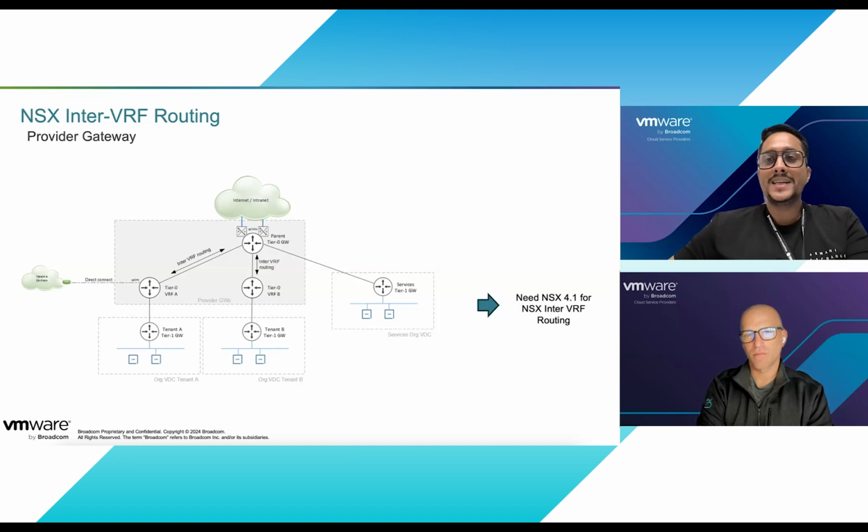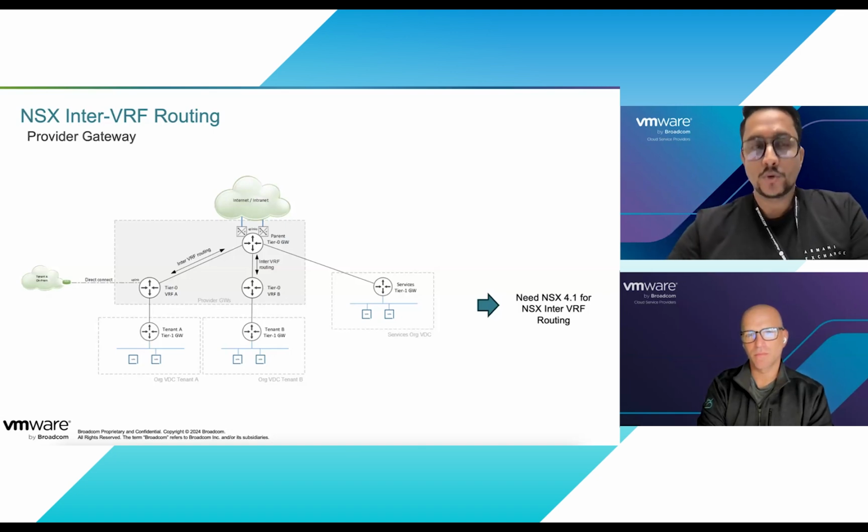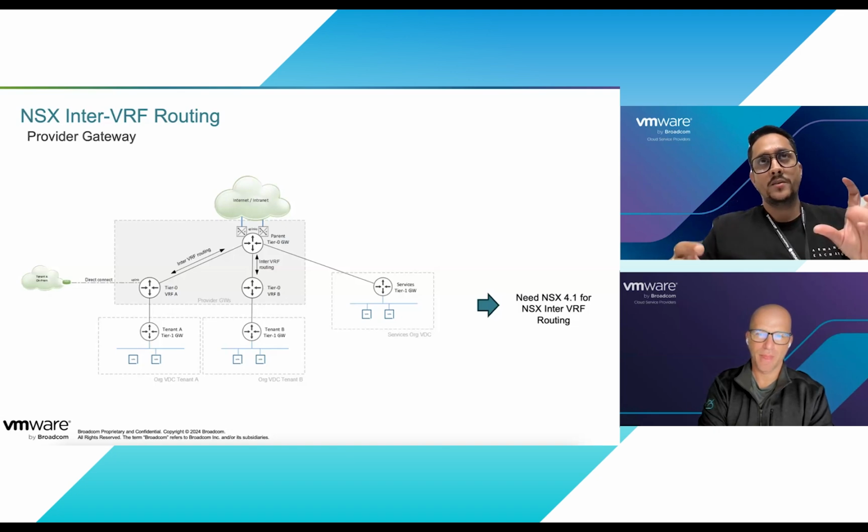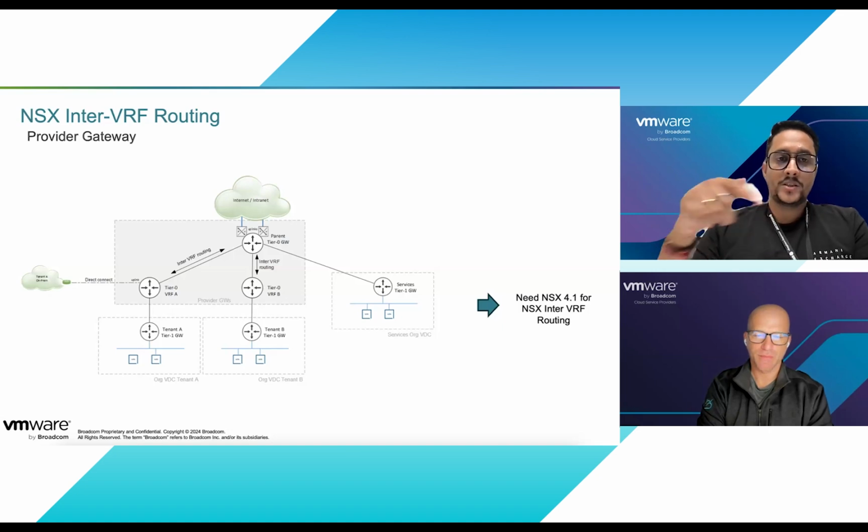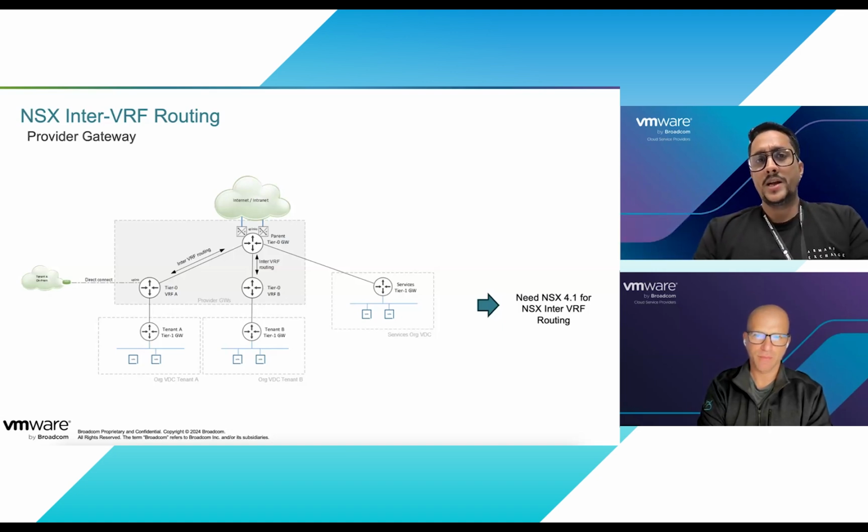So this will basically ease the process of your routing and avoid a lot of hairpinning. So now I can import both VRFs and T0s in the same system. Most of the features we have enhanced in VCD will need NSX version 4.1 minimum. Okay.